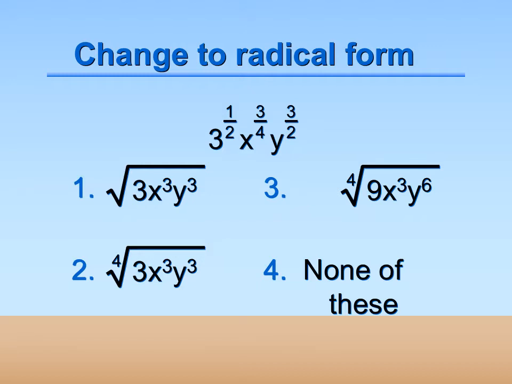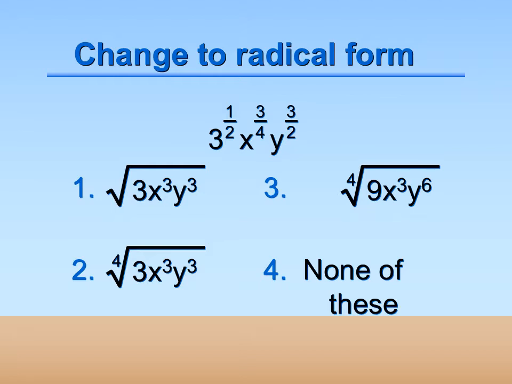So that 3 to the 1/2, if I change the denominator to 4, will become 3 to the 2/4, right? Which means it'll be 3 to the 2nd power when I remove the 4 and take it to the index. And 3 to the 2nd power is 9, which I believe number 3 has a 9 in it.